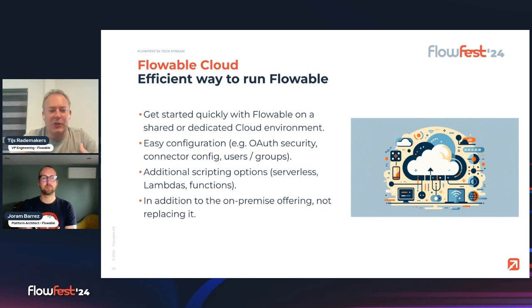Also important, because you can't deploy Java easily within such an environment, there's a lot of scripting support where we want to go with serverless solutions like lambdas, functions, something like that. And what's important is this is in addition to our on-premise offering, and it's in no case replacing it. That will still be a very big part of Flowable. We just want to provide another way to run Flowable in an easy way for you.